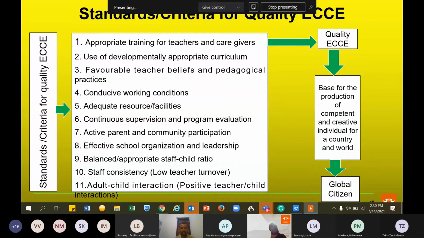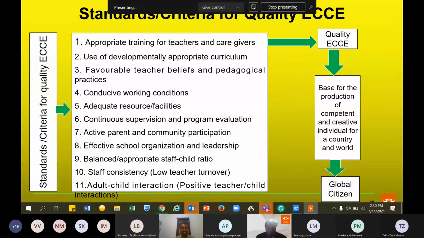The first one is training, that is, appropriate training for teachers and caregivers. Teachers and caregivers should take appropriate training, which contributes to the quality of ECC. Second, use of developmentally appropriate curriculum. The curriculum should consider the developmental age of children.